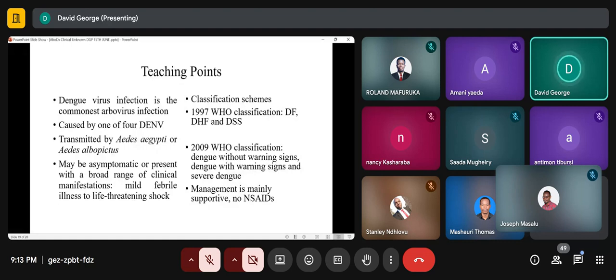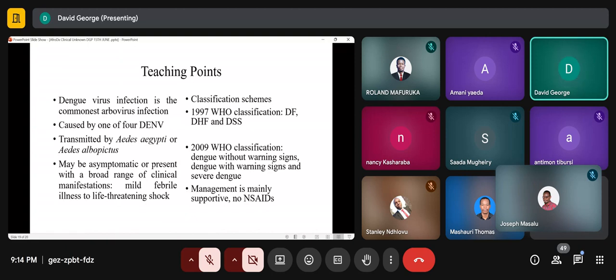People challenged this system, saying it underestimates the burden of disease in dengue, and therefore in 2009 the WHO put forward another classification: dengue without warning signs, dengue with warning signs, as well as severe dengue. I just put it in general there, but I hope everyone will be interested to go and read what goes specifically into these particular categories.